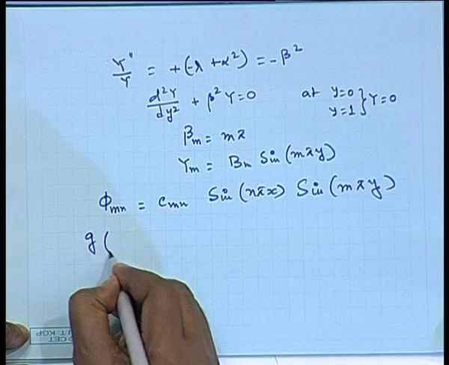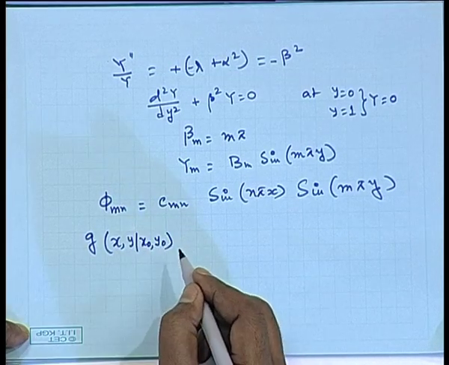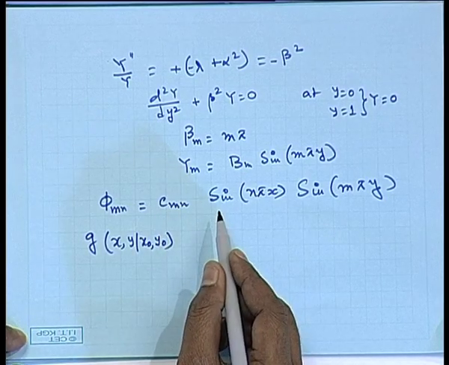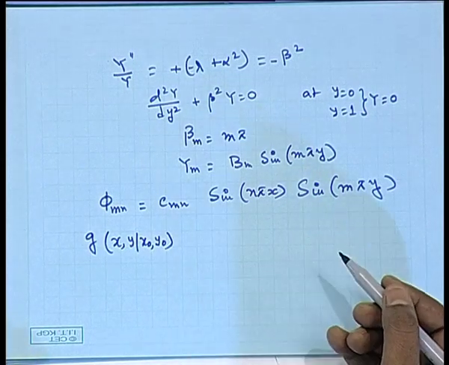So, what is the corresponding Green's function? You have evaluated the corresponding eigenfunction. Now, you can express Green's function as a summation of all these eigenfunctions.